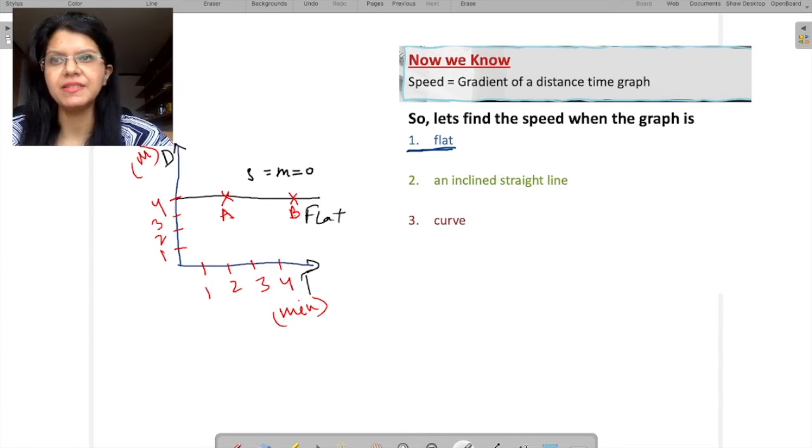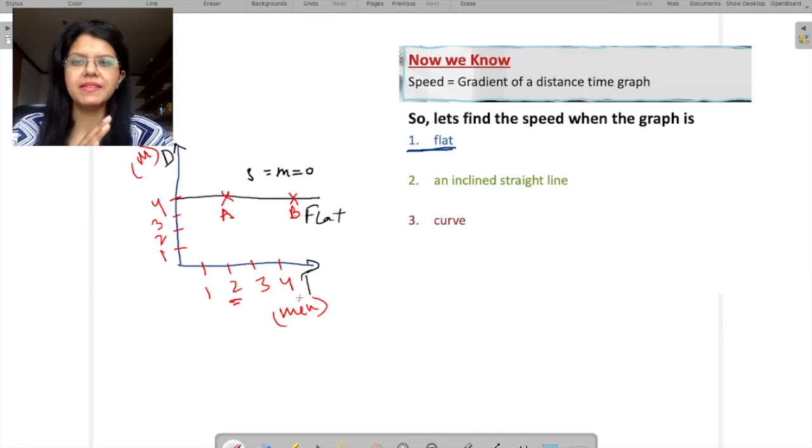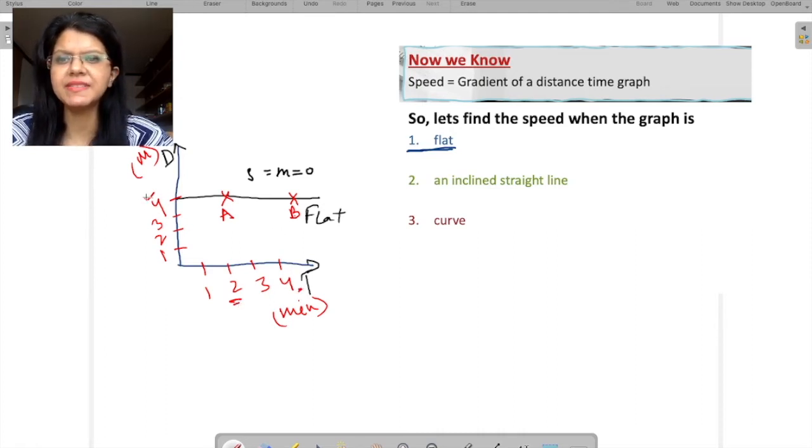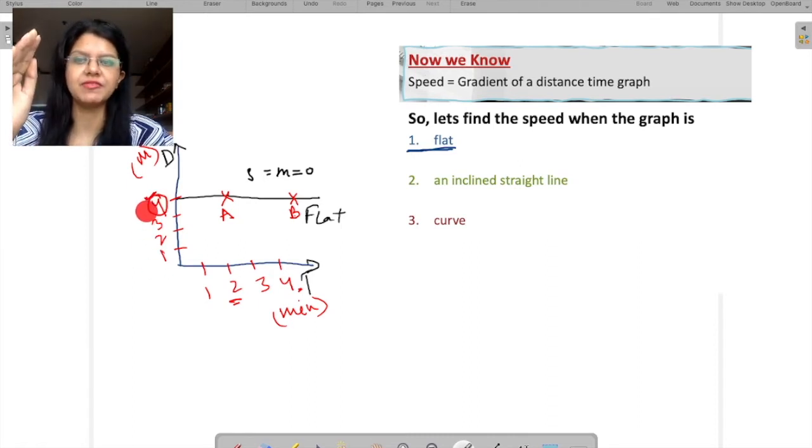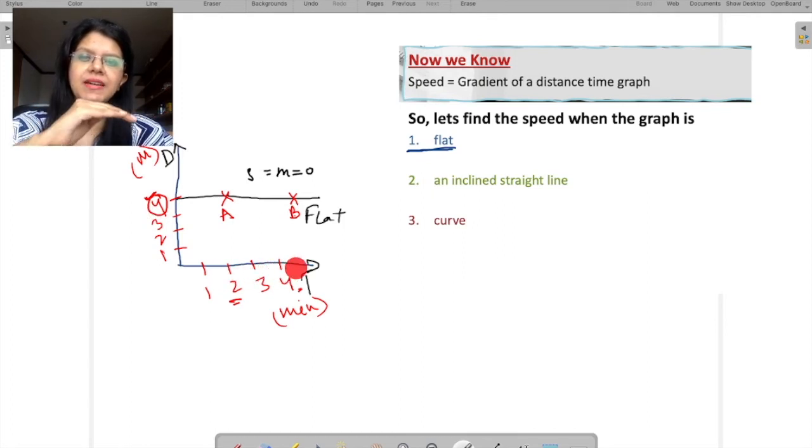The clock is ticking, the time is passing by. But what is happening to the distance? You are stuck at a distance of 4. Say that you are 4 kilometers away from your home. You are static there. The time is passing by minute by minute, hour by hour, but you're stuck at the same location.